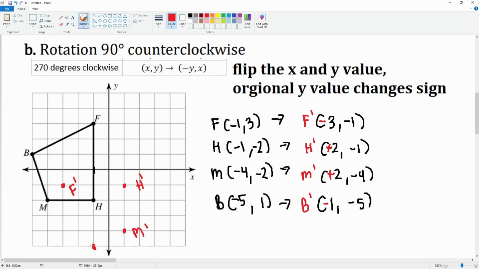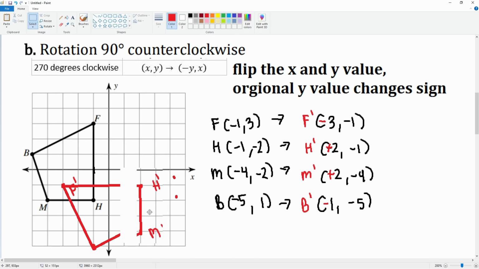All right. Now we can just connect it. So that is there, that is there, that is there, that is there. That does not look right. Okay, let me double check something, okay? Oh, okay, I saw my mistake. This was in the wrong spot. I put it at -1.